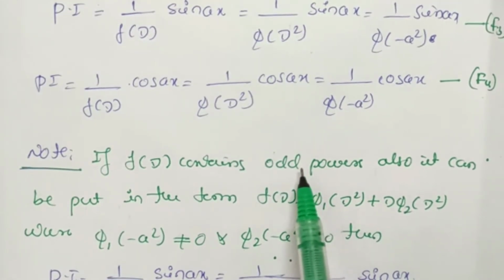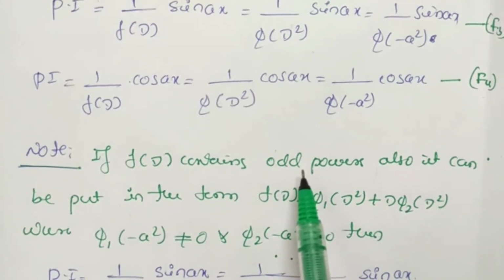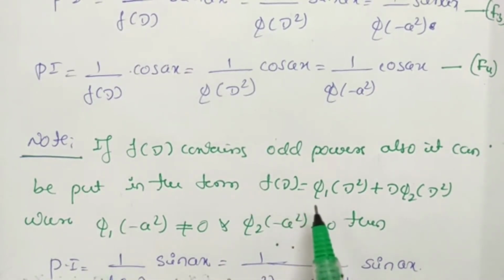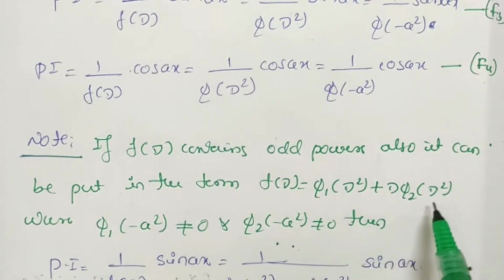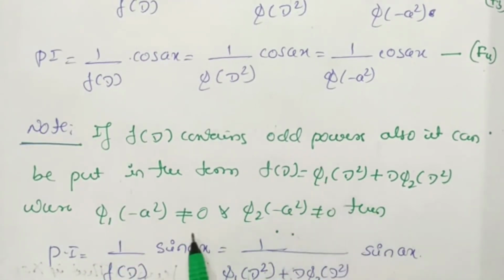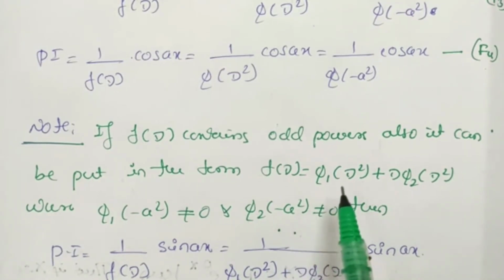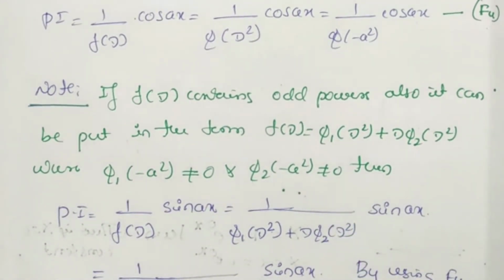If it has odd powers like D cube, D raised to 5, D raised to 7, etc., in that case we have to take phi of D equals phi 1 of D square plus remaining terms plus D times phi 2 of D square, etc. Here phi 1 of minus a square is not equal to 0 and phi 2 of minus a square is also not equal to 0. After expressing in this form, phi of minus a square, phi 1 of minus a square and phi 2 of minus a square should not be equal to 0.